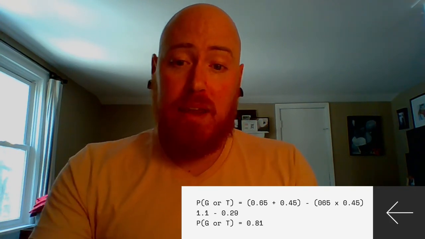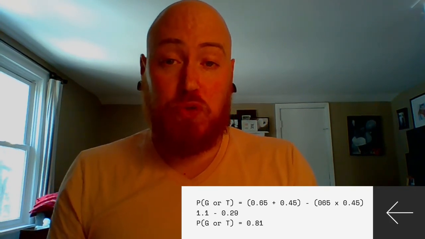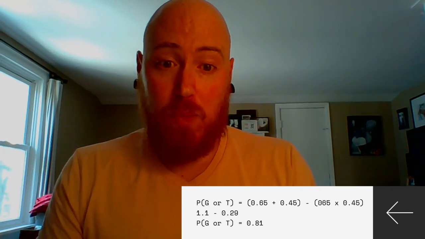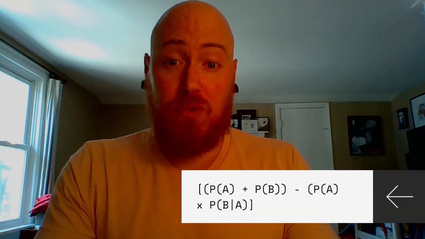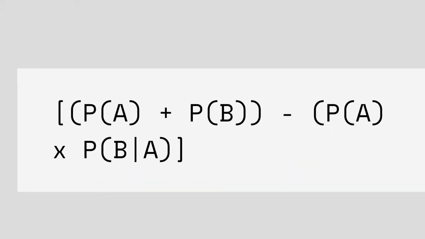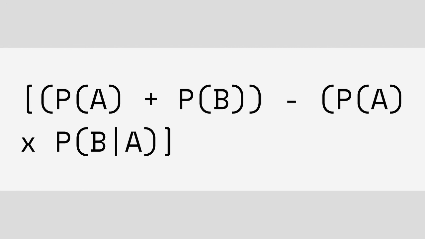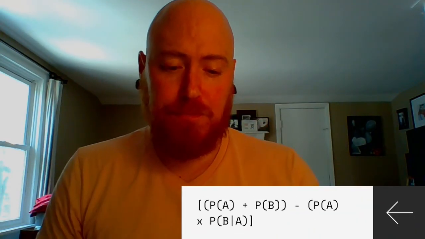Then instead of the restricted conjunction method in the second half of the equation, we would just use the general one, which would be this: the probability of A plus B minus the probability of A multiplied by the conditional probability of B given A. So if the events are dependent upon each other, you can just substitute the probability of B given A for the probability of B.